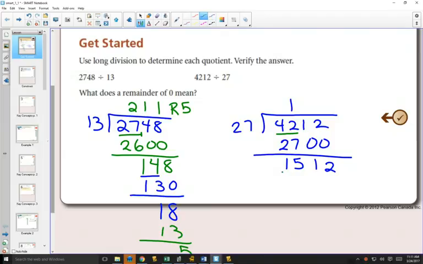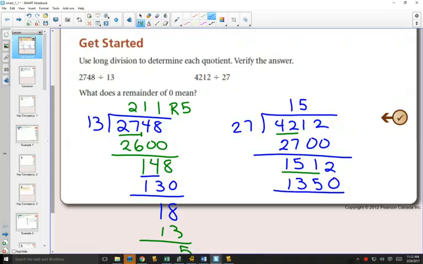We have to go all the way to 151 and say, how many 27s are there in 151? There's 5 of them. 5 times 27 is 135. Really, that's 50.